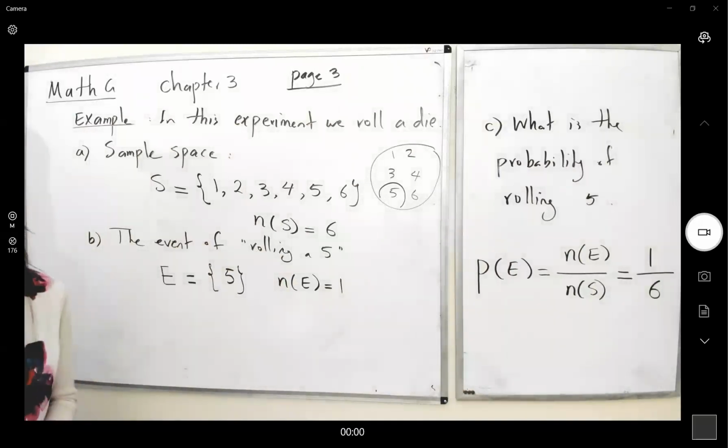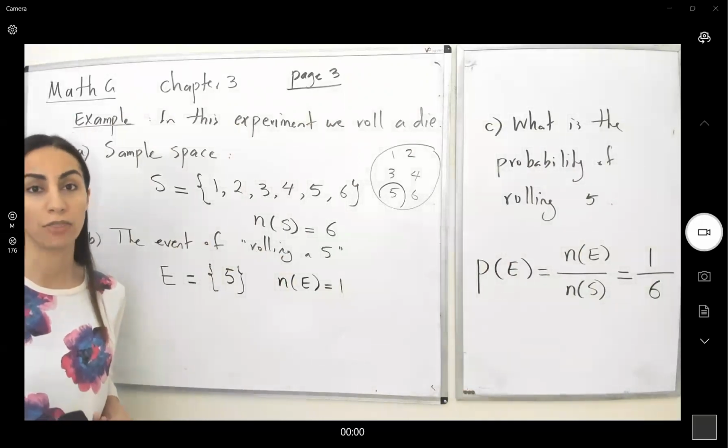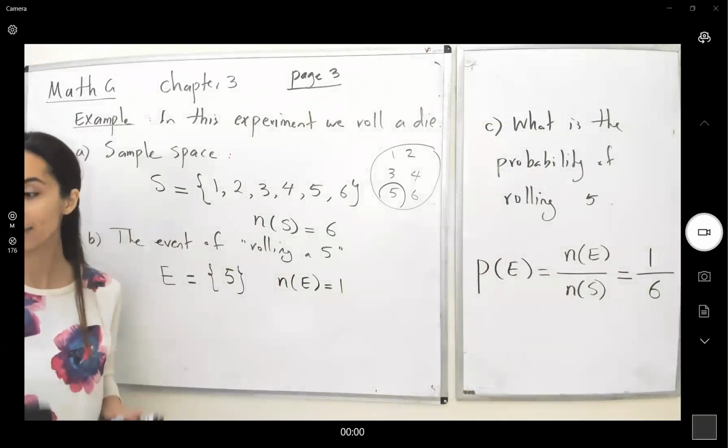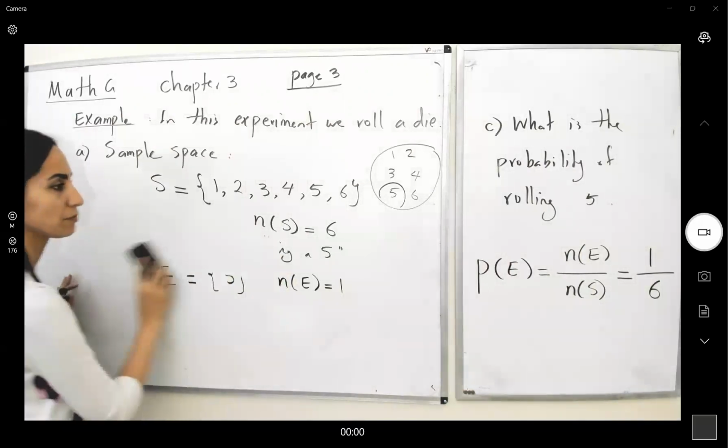Part D of the question is actually asking you to find the probability of a number actually less than 5. So let us write it here.